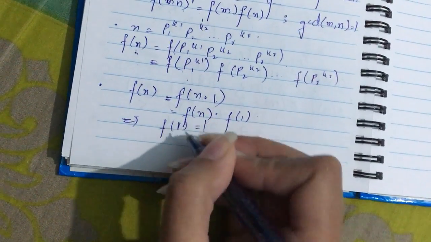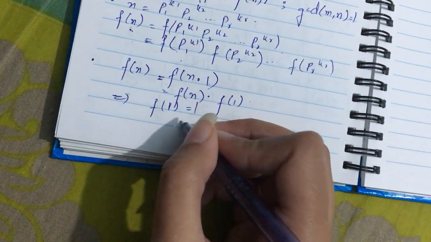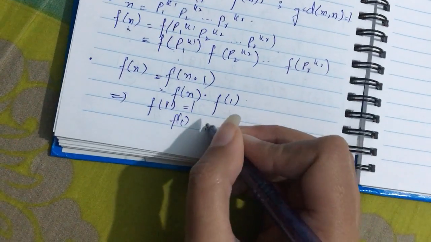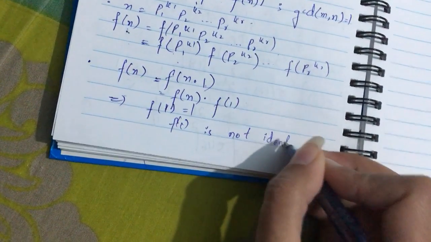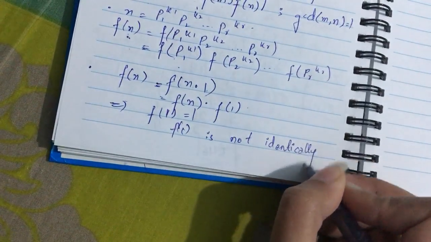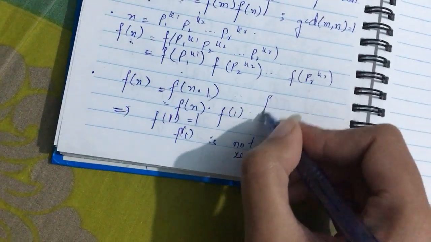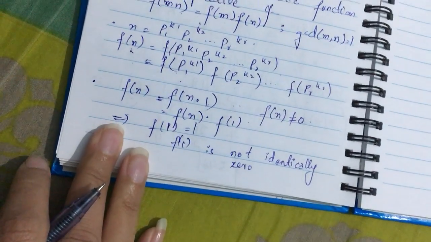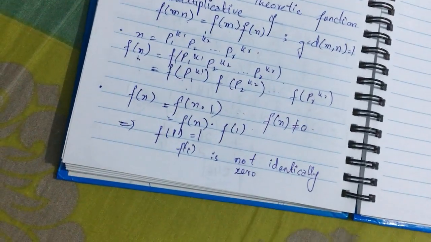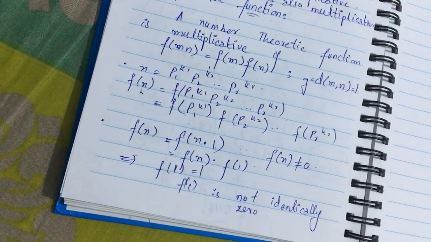So f of 1 is not identically 0, and in that case we always have f of n not equal to 0. This is the basic definition of the multiplicative function.